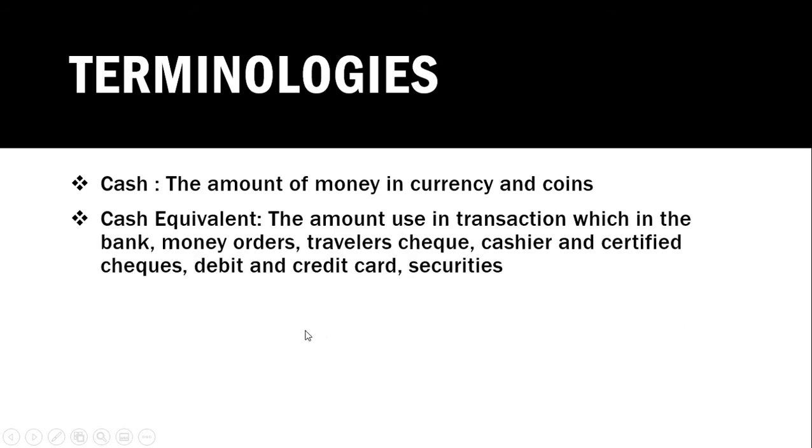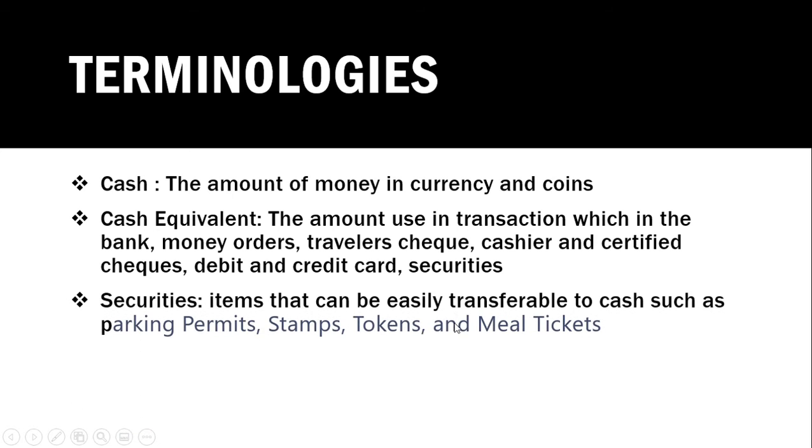So cash equivalent, the amount used in transactions, which is in the bank, money orders, travelers checks, cash and certified checks, debit and credit card, and securities. So these are components which create cash. Securities, items that can be easily transferable to cash, such as parking permits, stamps, tokens, and meal tickets.